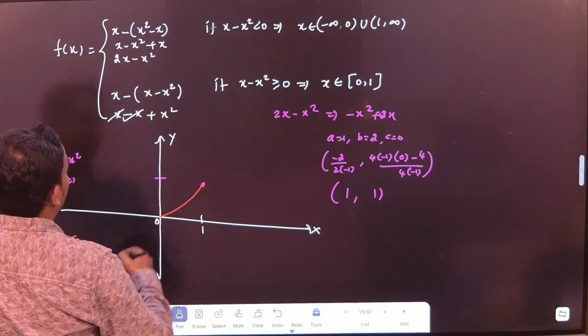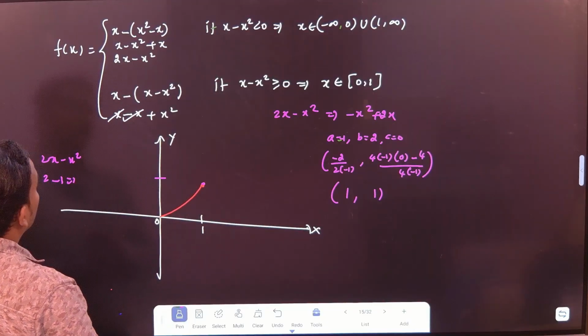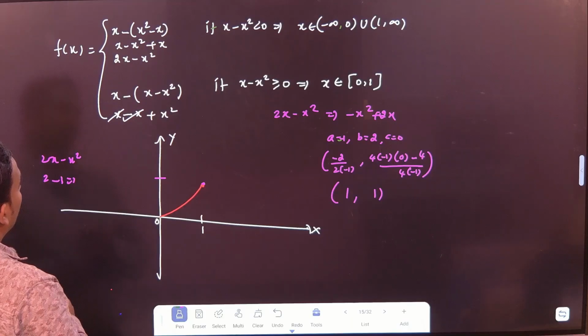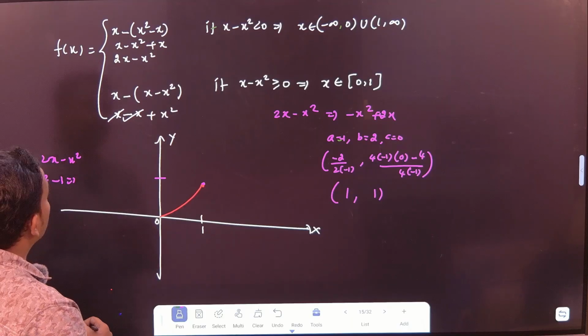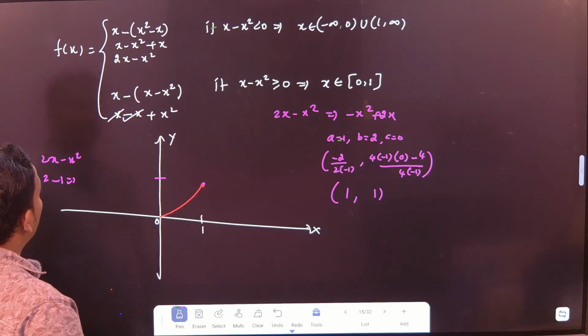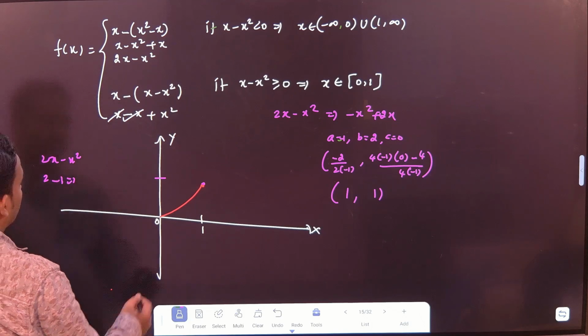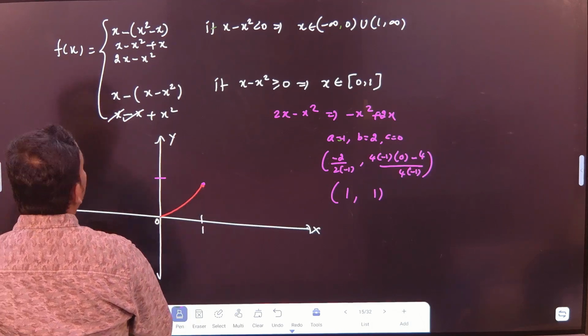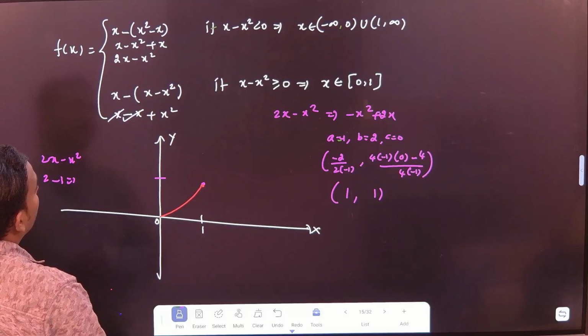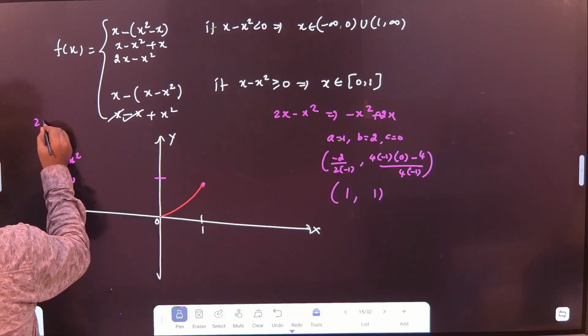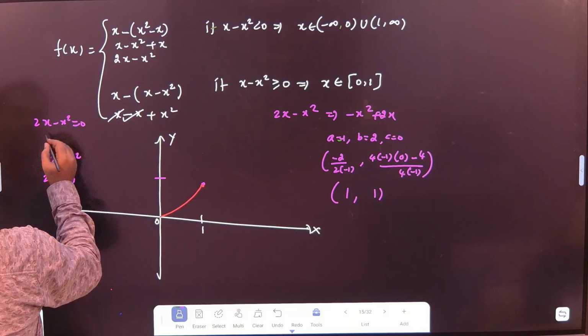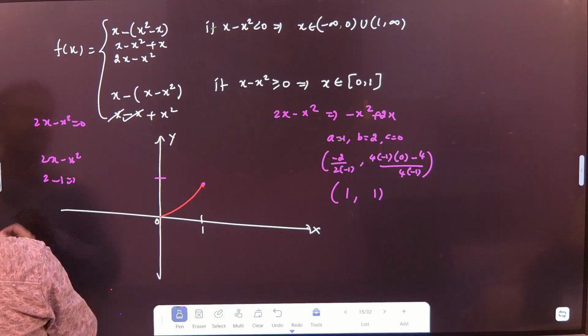When you take the graph, is it passing through the origin or not? How can you check it? You can put y as 0 or not. If y is 0, 2x minus x square is equal to 0, you can do it, right?